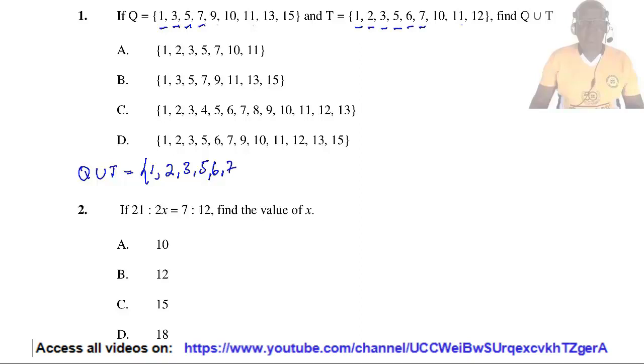We've got 9 here, so 9. We've got 10 here, 10 here, so 10. We've got 11 here, 11 here, so 11. We've got 12 here, so 12. We've got 13 and then 15, so 13 and 15. Q union T is equivalent to the set in D, so the answer is D.